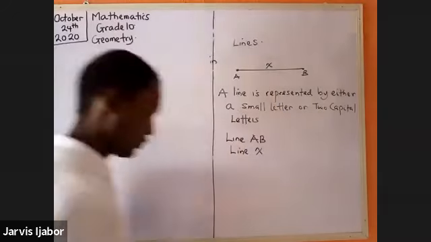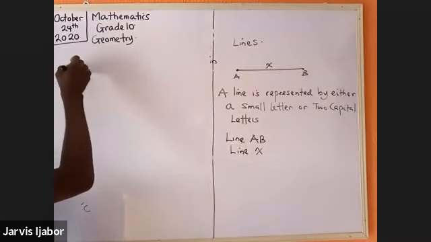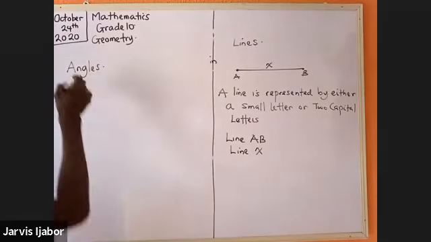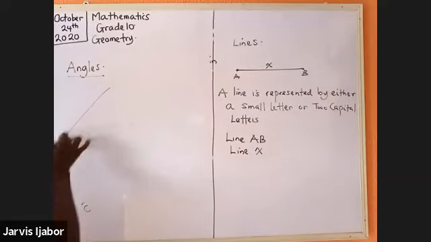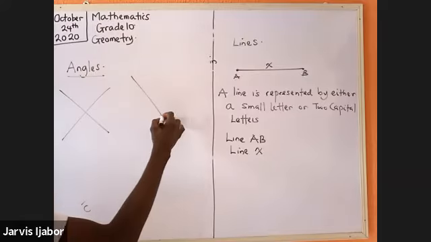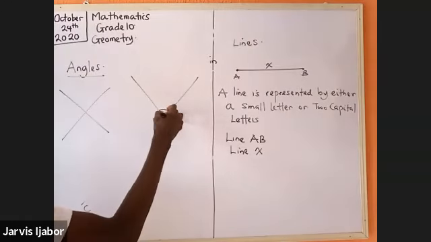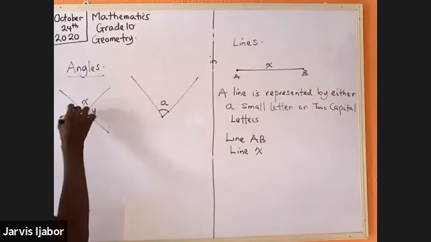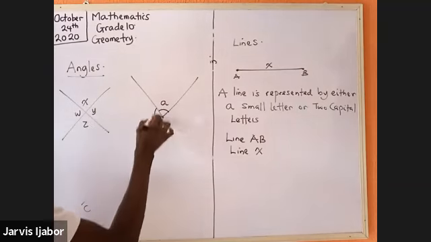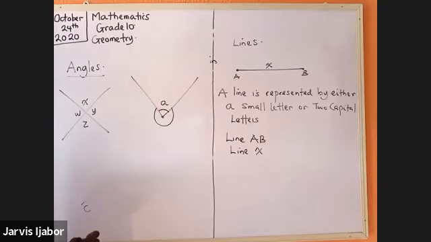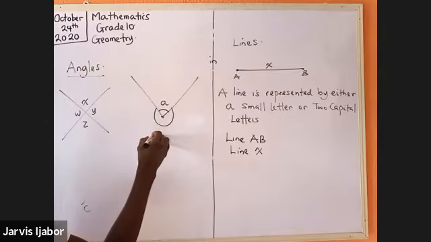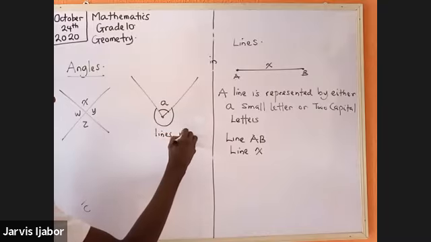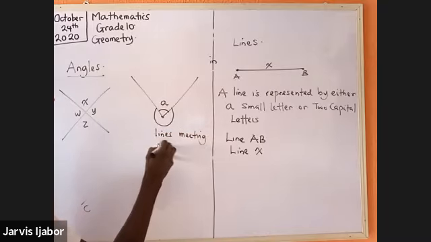Now for angles, what we have is somewhat interesting. We said that they can either be formed by intersection, they join or meet. So this is an angle. Let me call it A. Let's call this X, Y, Z. Let's call this W. So notice that this is lines meeting or joining.